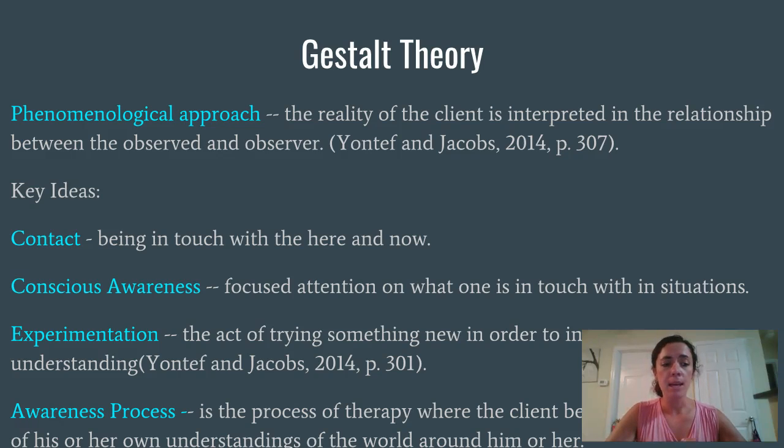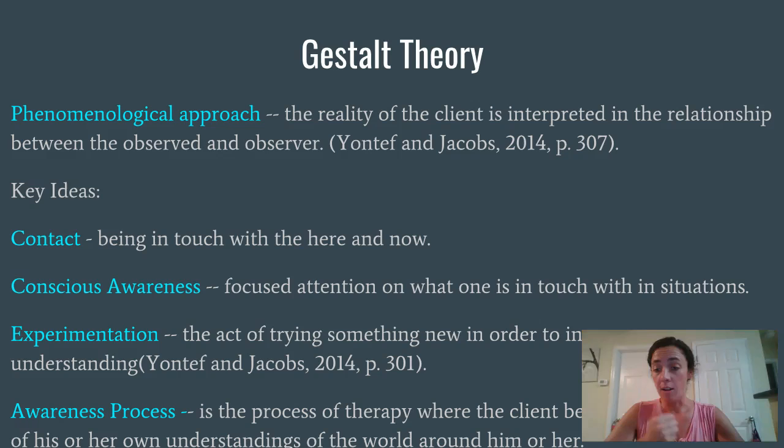But some big tenets to remember is that Gestalt theory comes from a phenomenological approach where the reality of the client is interpreted in a relationship between the observed and observer within the context of their world. It has three main ideas of therapy.